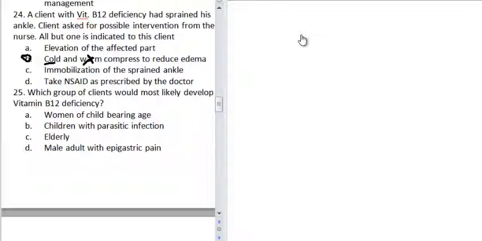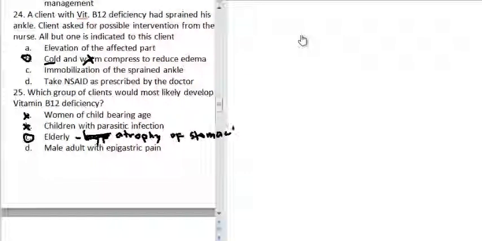Number 25. Which group of clients would most likely develop vitamin B12 deficiency? Let's eliminate women and children. Answer, letter C, elderly, because in the elderly, I'm sorry, it's not hyper, it's atrophy. There's atrophy of stomach cells.